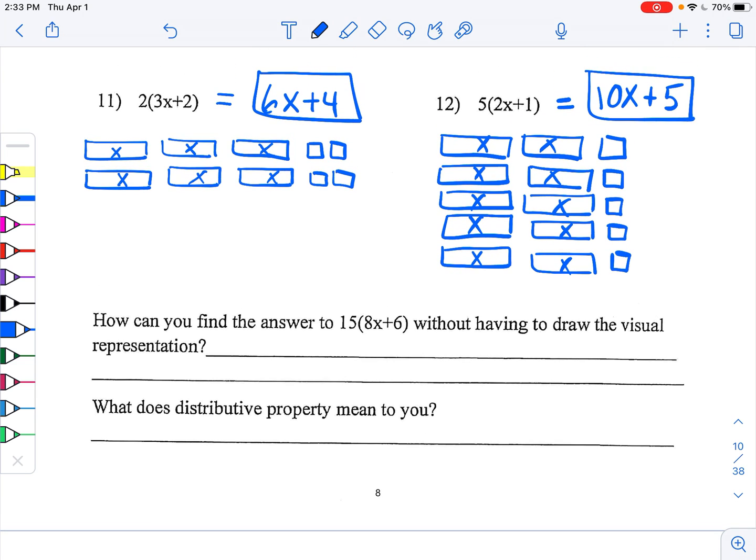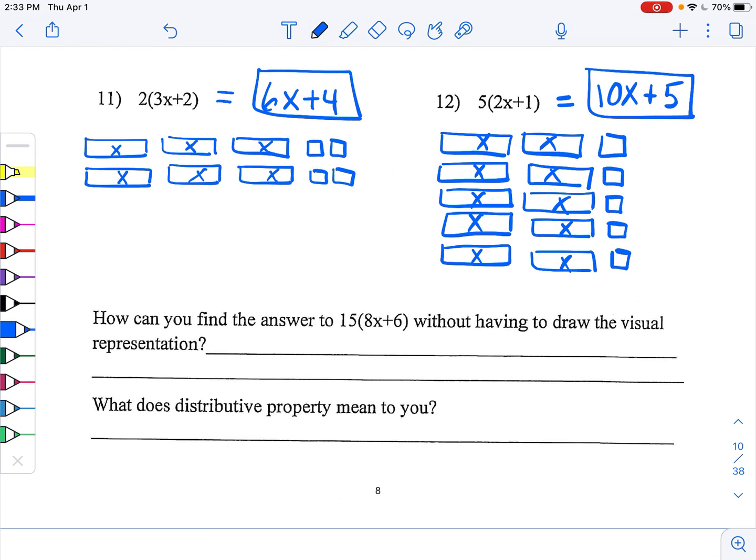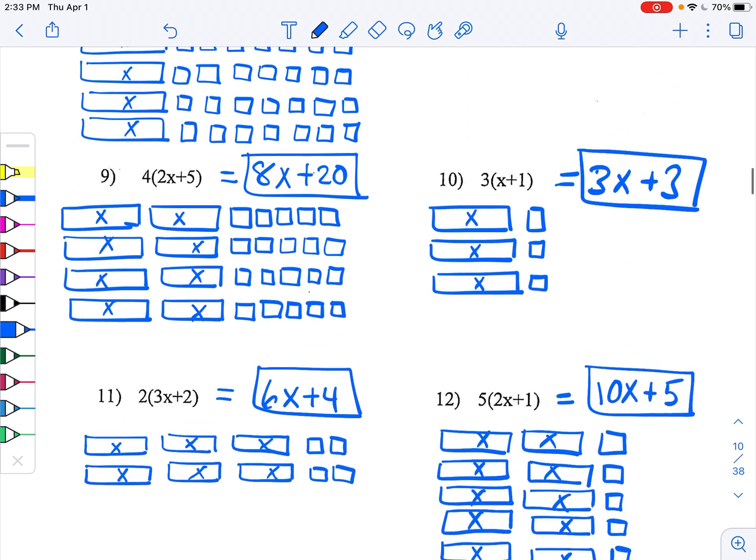All right, it says, how can you find the answer to 15 times the quantity 8x plus 6 without having to draw the visual representation? So I'm hoping by now you've graduated from modeling and you can tell me what that means.